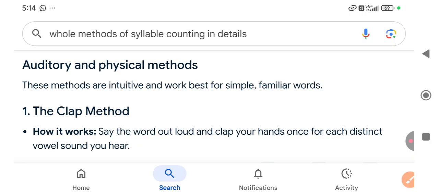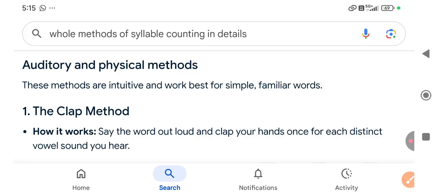Before proceeding, let me tell you that syllables are counted by the vowels, like how many vowels are used in the word. Generally, the number of vowels and the number of syllables match, but every time it does not happen. Suppose in the case of book, two vowels are used, but the sound is just one vowel.